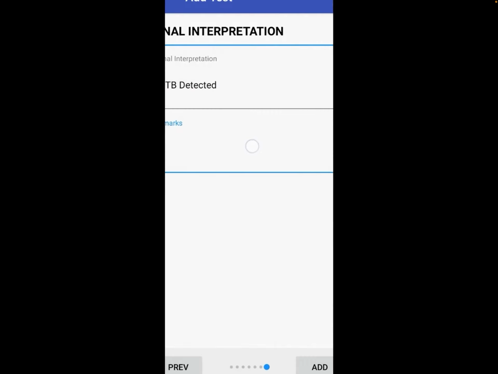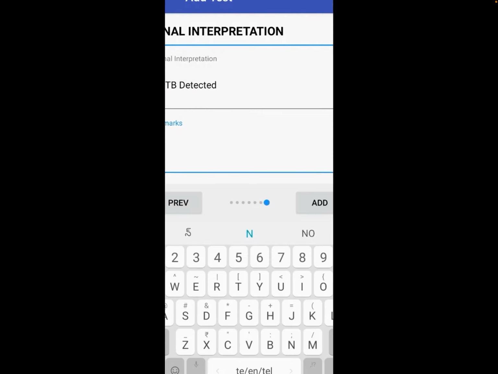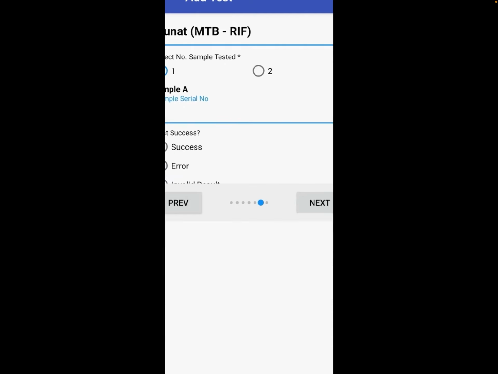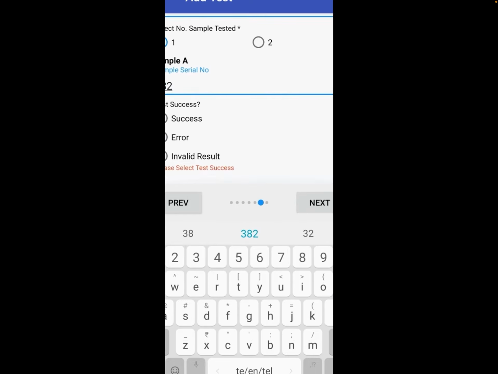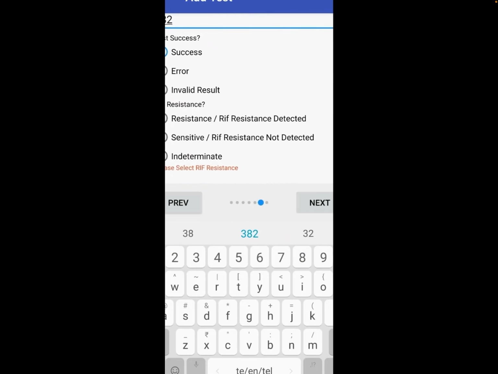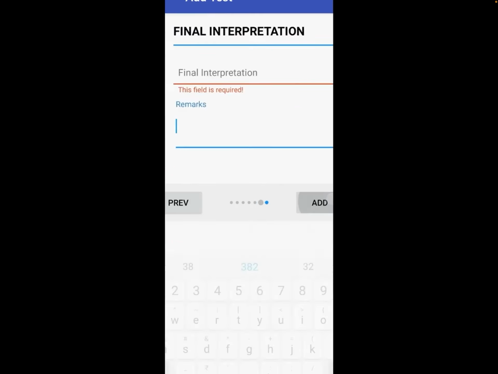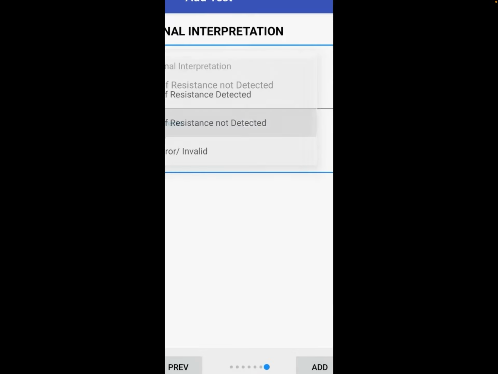Whichever is your result, you can enter that result. For rifampicin, if the rifampicin test is successful, you can see rifampicin resistant detected, resistant not detected, or indeterminate. Whichever criteria you have, you can enter for that.